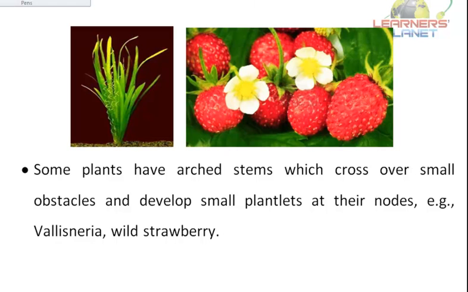Right, so this is the beautiful structure of Vallisneria, and this is the beautiful picture of wild strawberry. Right? So these are the plants that have arched stems and they develop small plantlets at their nodes.